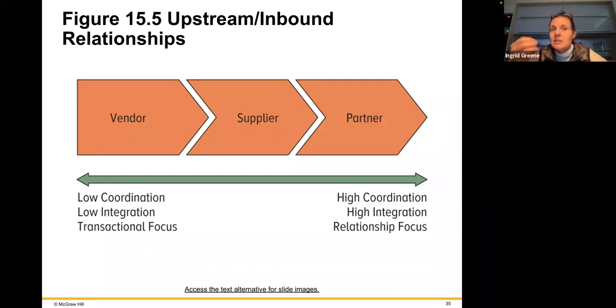You buy 100 things and then that's it. Then it's over. Maybe you connect with them in a year or two. Then maybe you start to order more often, and you come into what's called a supplier relationship with them. And you can see now the coordination is getting a little bit better. There's more integration, and more of a long-term relationship focus.